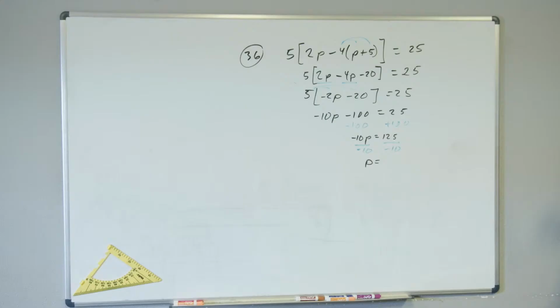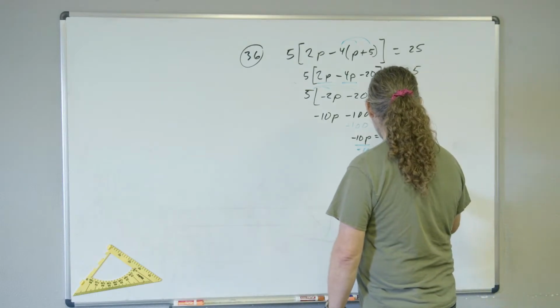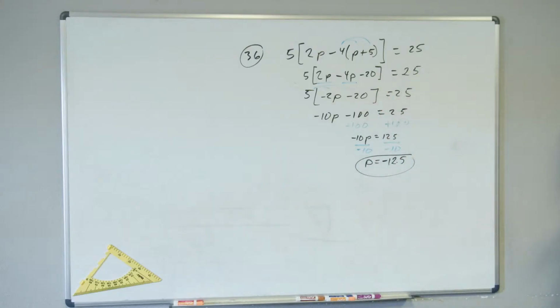That's true, but that's not what I asked yet. So 12.5 is divided by 10. Now we have a positive divided by a negative. What is our answer going to be? Negative. So it's negative 12.5. Use the tool for what it is, but don't let it mess up your thinker. Always use your thinker before you use your clicker.